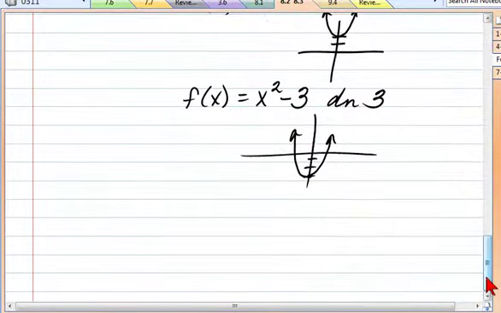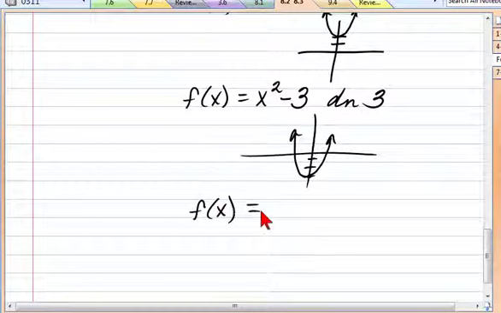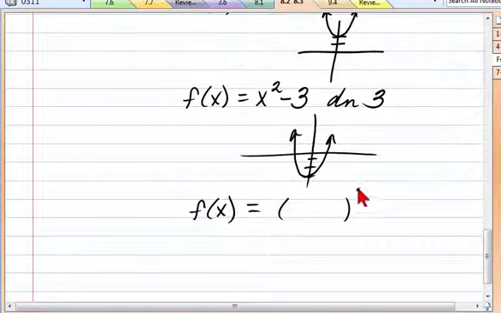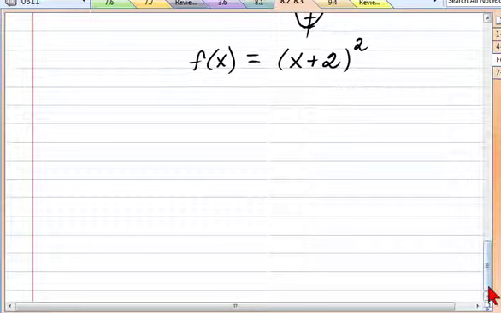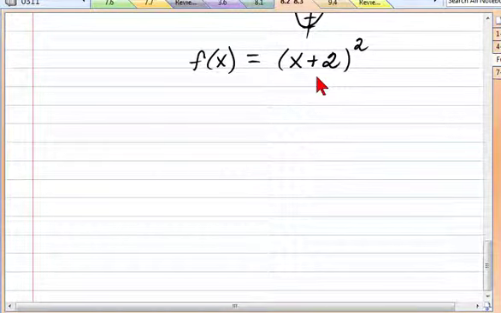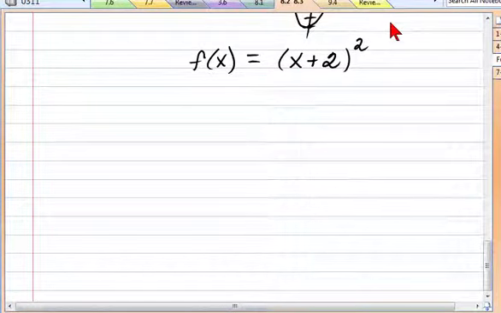Now, how about those horizontal ones? If I want you to do a horizontal shift, then what I do is put the squaring function in parentheses, and what if I said x plus 2 squared? Do you see that that plus 2 is inside the parentheses? If I said, let x be 1, think about what you would do. You would put 1 in there. Would you add 2 to it and then square, or would you square first?